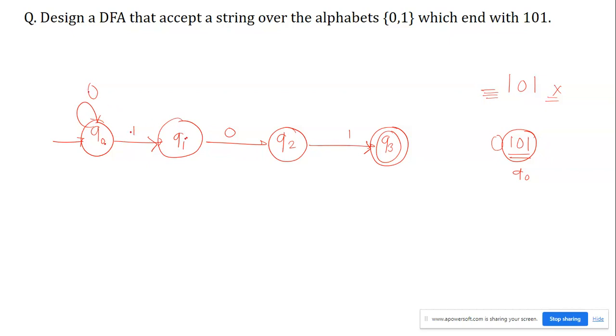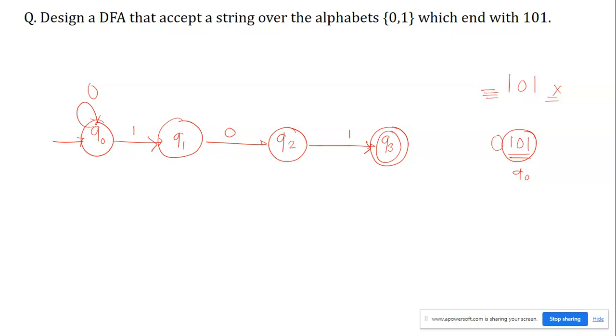Now moving forward, we have to think about Q1. For Q1, first think how we are coming to Q1. We are coming to Q1 by taking a number of zeros and 1. This self loop says that you can take 0 or more zeros.